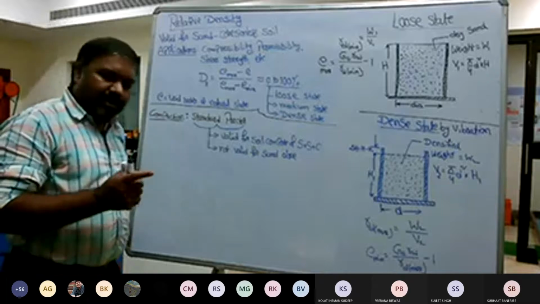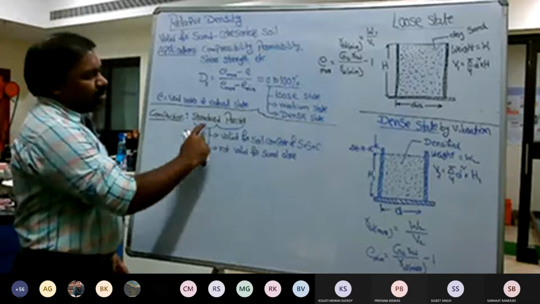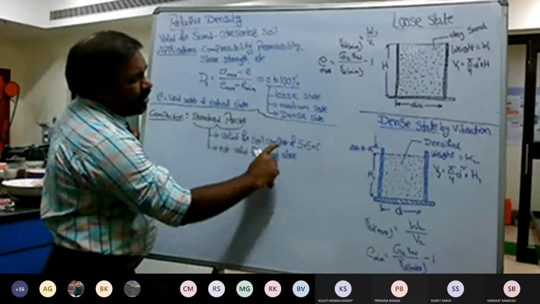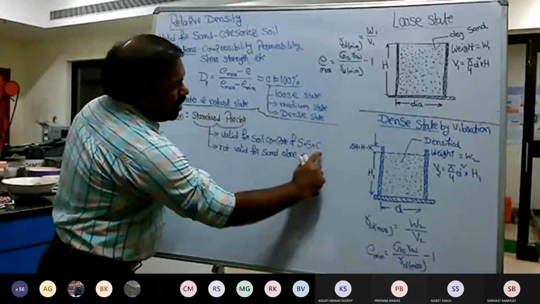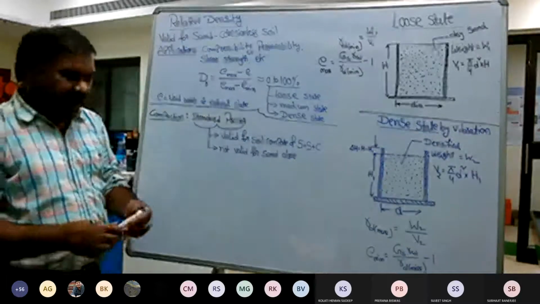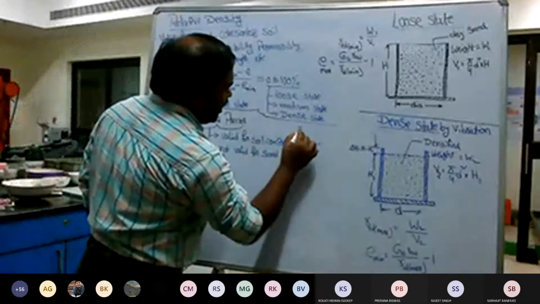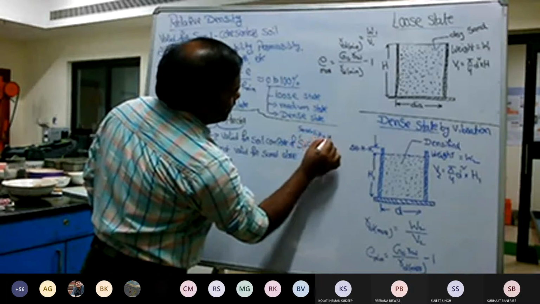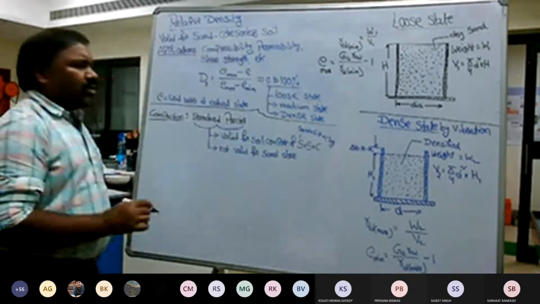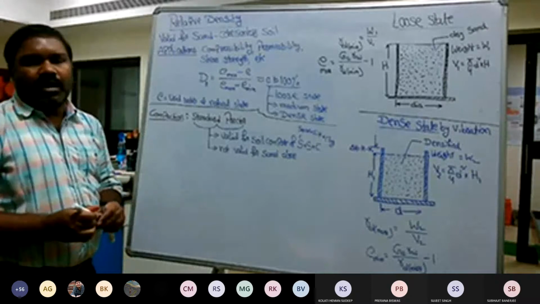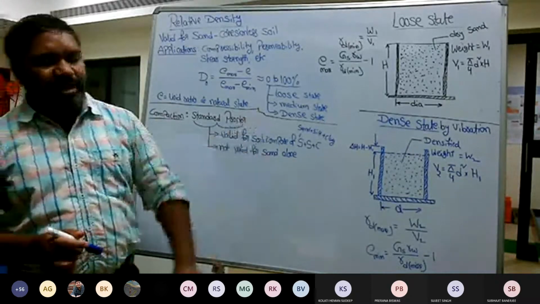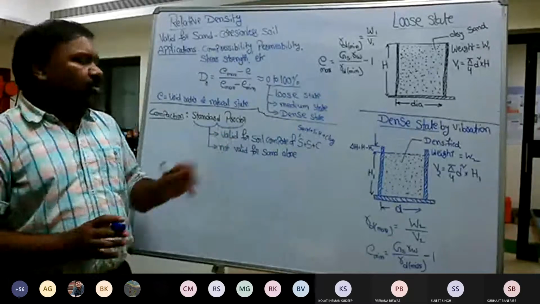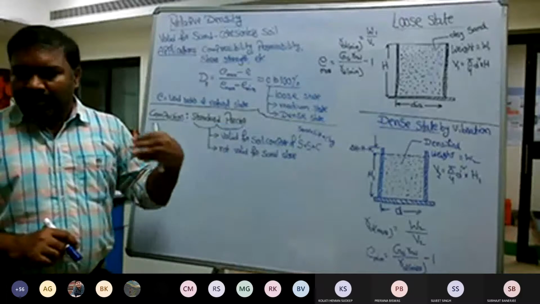However, if you look at its validity, this kind of test is typically valid for soil composed of particles of sand, plus silt, plus clay. That means it is a well graded soil where you have particle sizes of all ranges. Then only you can compact. That is one aspect.